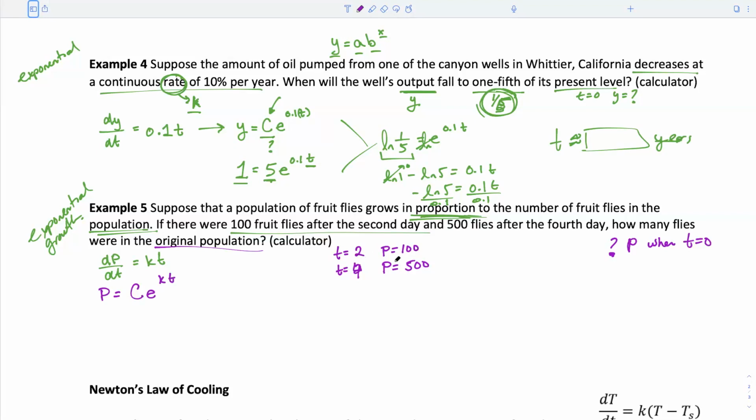Now, if I plugged in 2 and 100 and 4 and 500, I'm not really going to be able to get rid of the e to the kt.